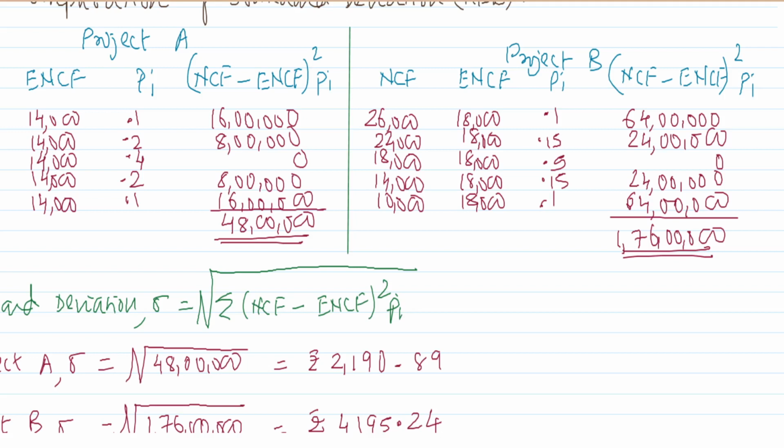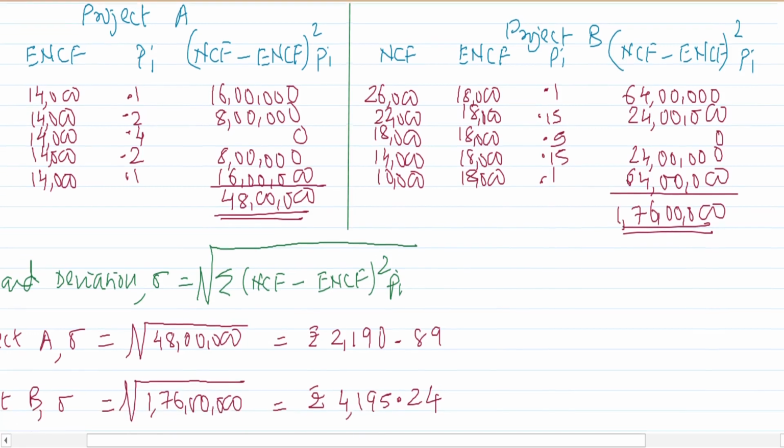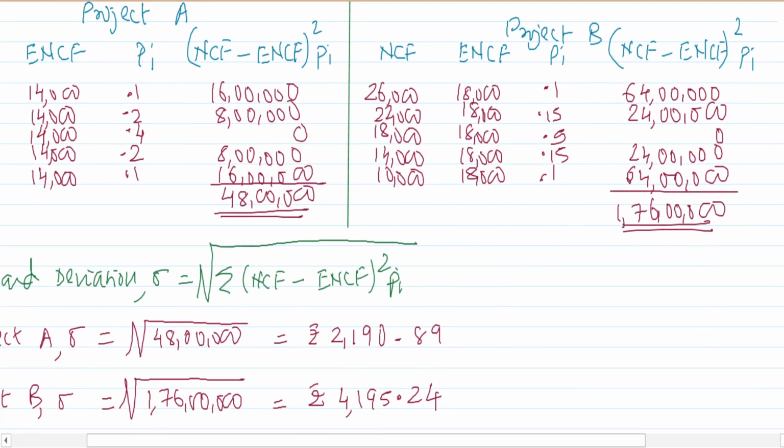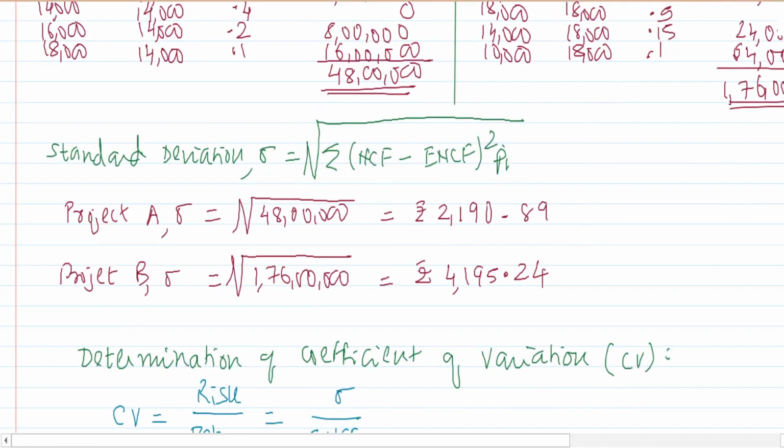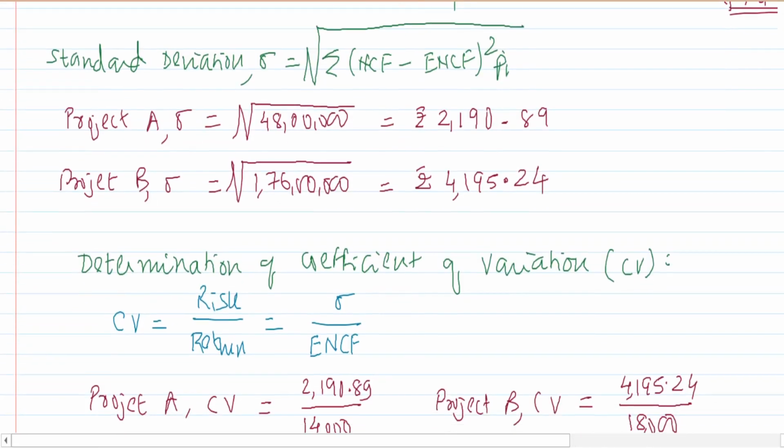So this is how your calculations will look. For project A, we are calculating the standard deviation first. This is your statistical calculations. The sum total for project A is 48 lakhs and project B is 1 crore 76 lakhs. As far as standard deviation is considered, you are supposed to take its square root.